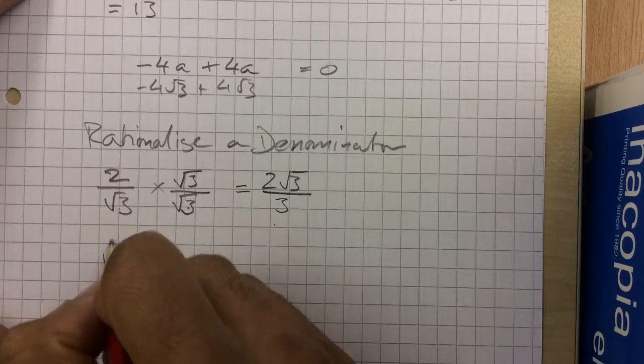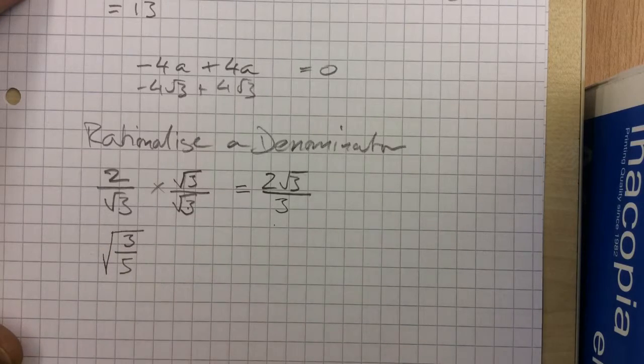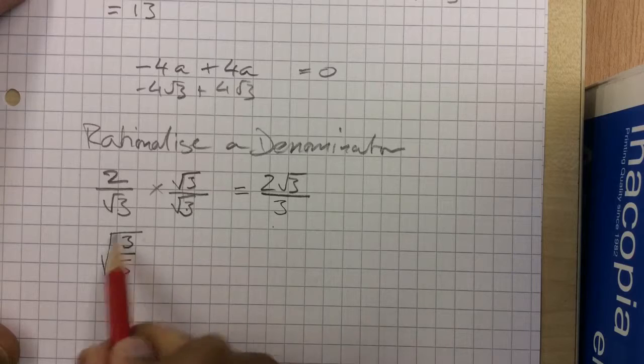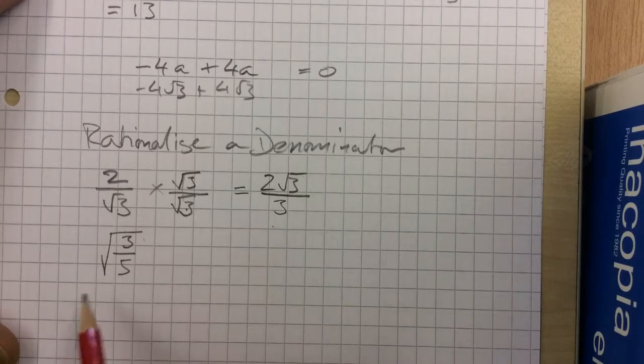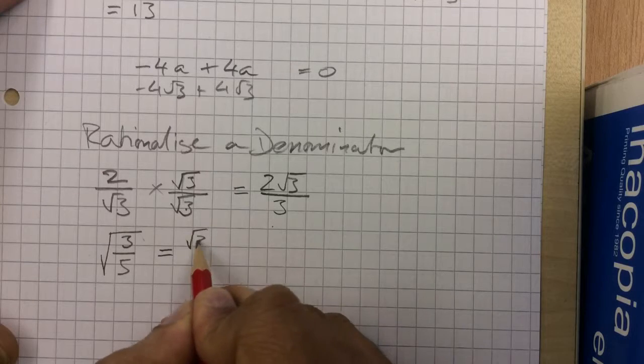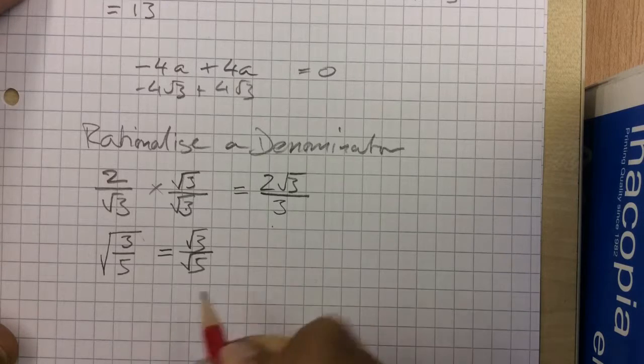If we have a combined one, 3 over 5, so this is the square root of 3/5. The way we deal with this is, first of all, we can rewrite this as root 3 over root 5. That's equal to root 3 over root 5. And now, I'm going to multiply by 1.